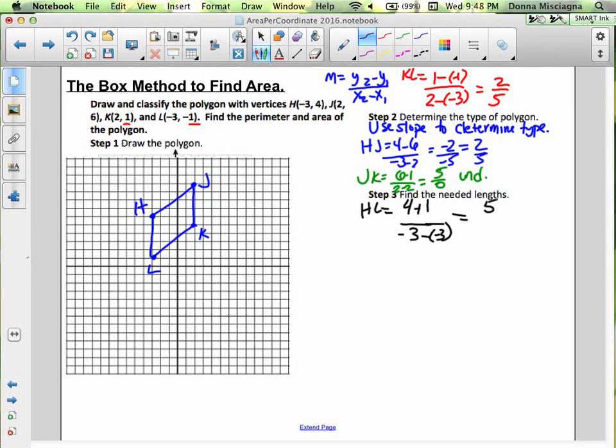So that's 5 over 0, and again, it's an undefined slope. All right, so we've got 2 pairs of parallel opposite sides. This is a parallelogram.